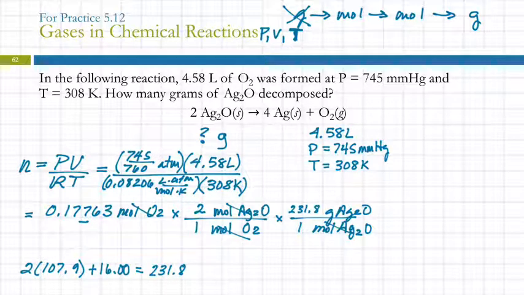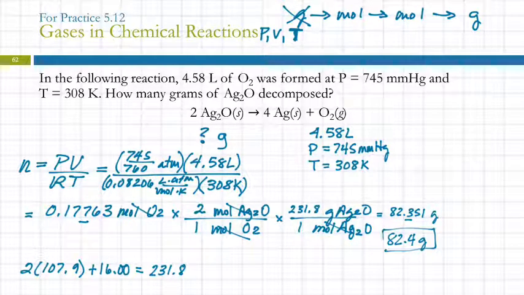So I've got my number of moles times 2 times the molar mass, 82.351. With 3 significant figures, rounding gives me 82.4 grams.